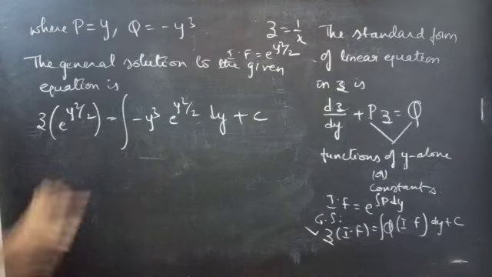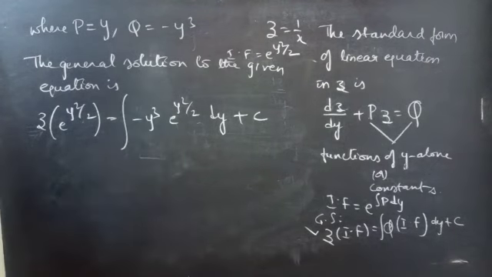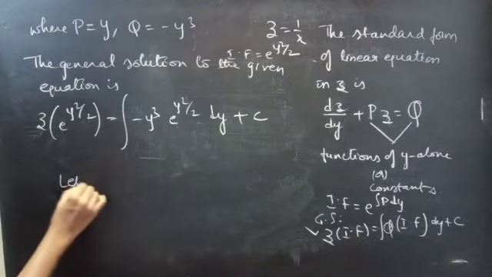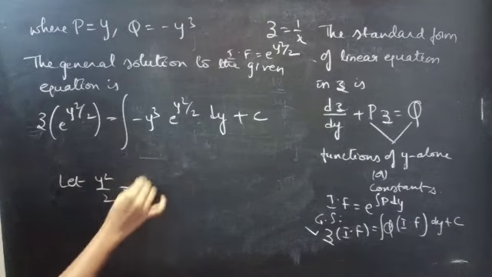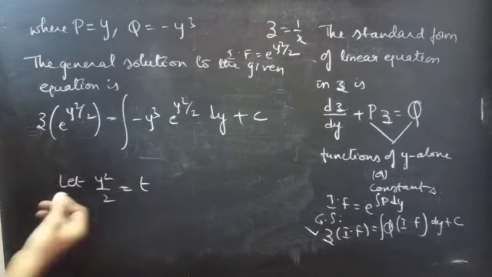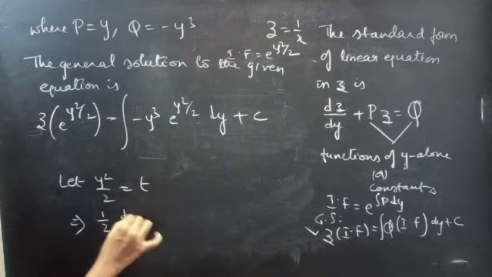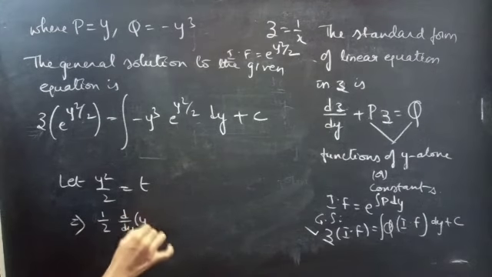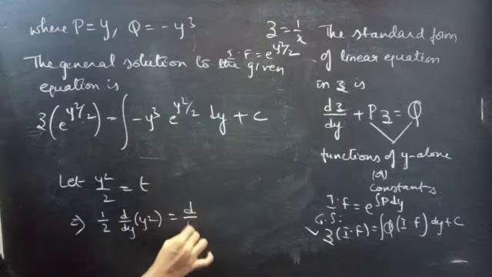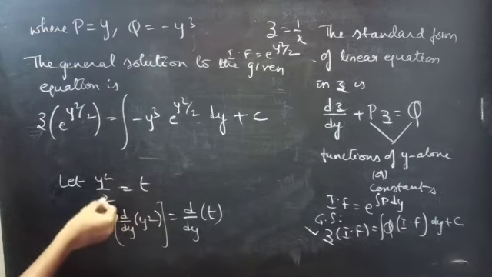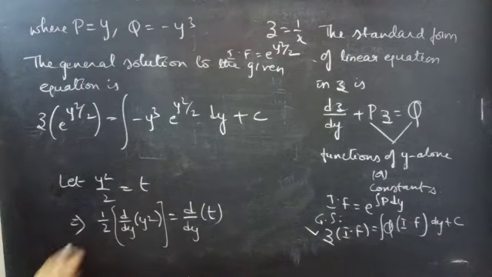Now let y squared by 2 equals to t. Differentiate on both sides with respect to y. Simply take the constant separately.